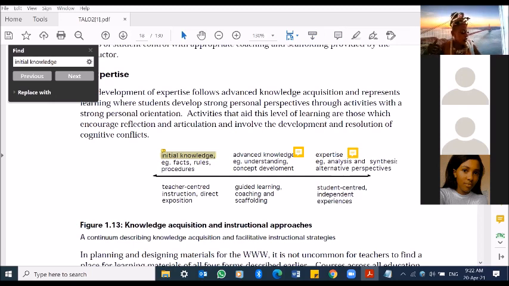And the ones who were put in the row that we were told they were not clever, even now when I go to Kenya, I find they are dying of HIV, they are drug addicts, because they became what the teachers called them. Can you see that? Now, we do not want to fall into that thing of putting the students in rows, of saying you are going to be in the row of initial knowledge, you are going to be in the row of advanced knowledge, you are going to be in the row of expertise knowledge, because we realize that the teachers, by doing that, destroy the learners.